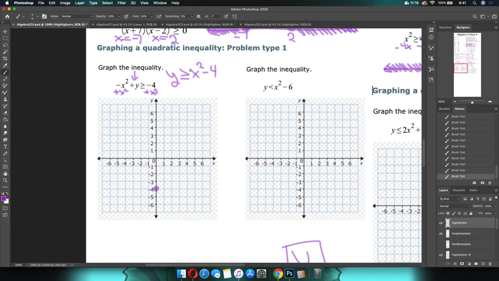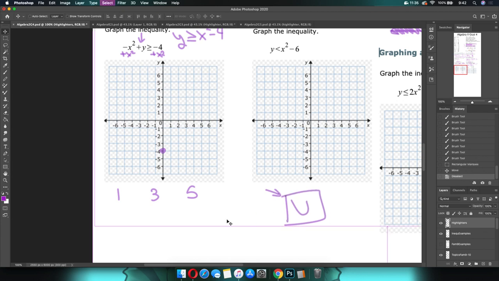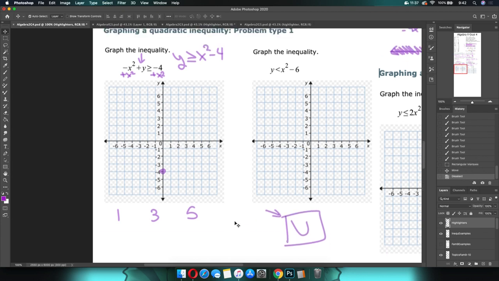When we're looking at this, do we have any special things to worry about? Nope. So we have something called a 1, 3, 5 cheat sheet. Now, because you have this button in the software, we don't have to worry about it there, but since I'm making a video, this is a good chance to talk about how we can make this work to our advantage when we're graphing this hardcore.